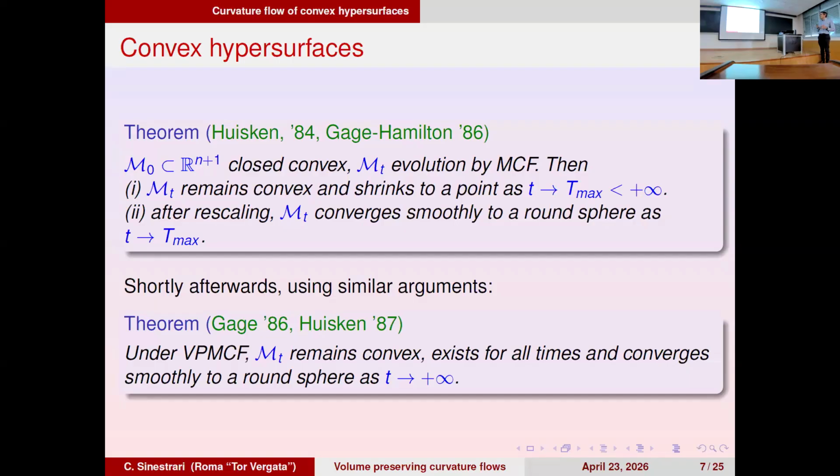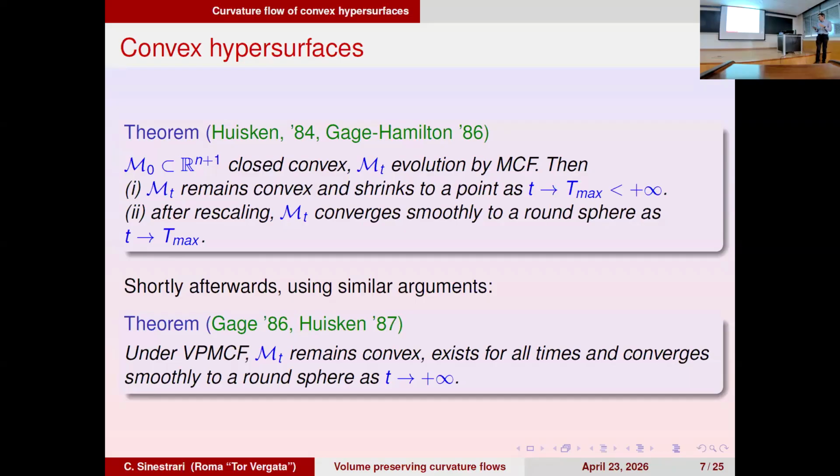But at the beginning, when you look at those papers, it doesn't seem that exciting. I mean, the proof was somehow similar, with adaptations due to the volume preserving term. So it just seems that you are generalizing similar ideas to another flow. Nothing very different is going on.